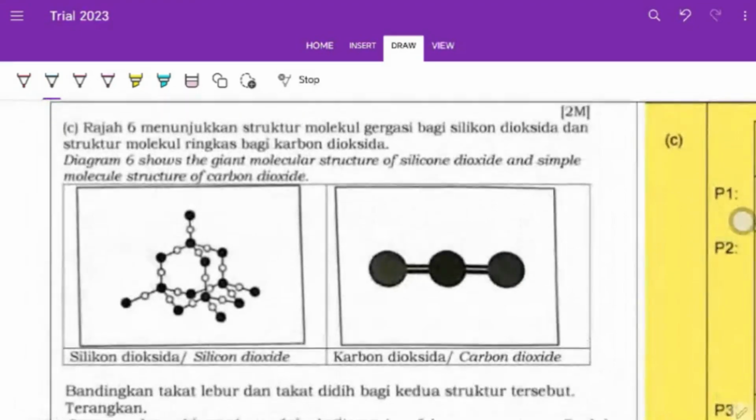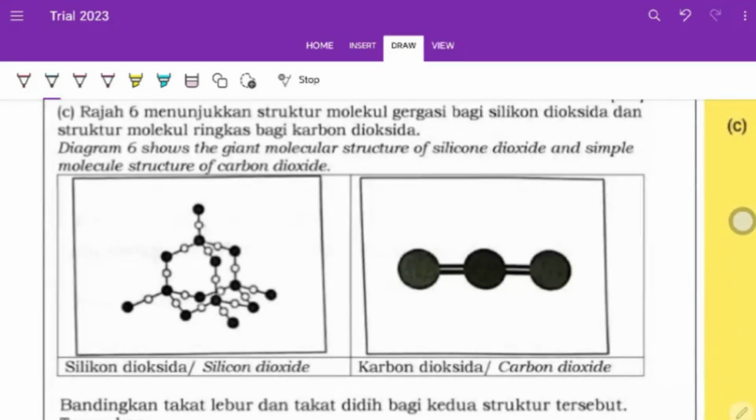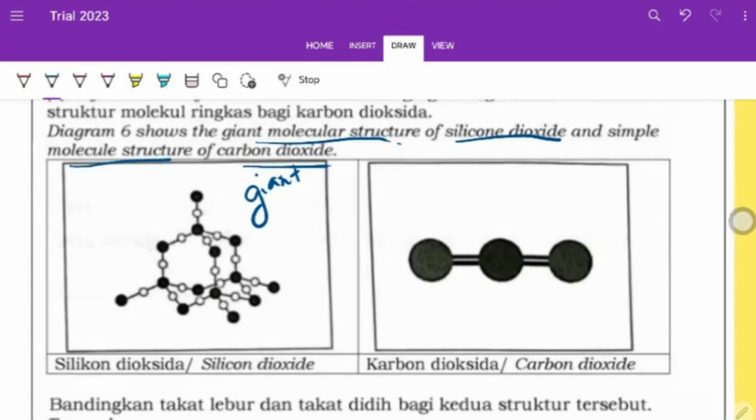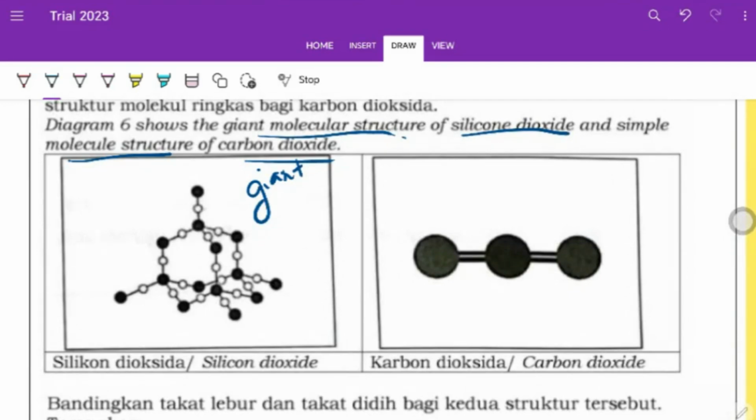Okay, next. The diagram shows the giant molecular structure of silicon dioxide and the simple molecular structure of carbon dioxide. This one is giant. Giant molecular structure, silicon dioxide, silicon(IV) oxide actually.